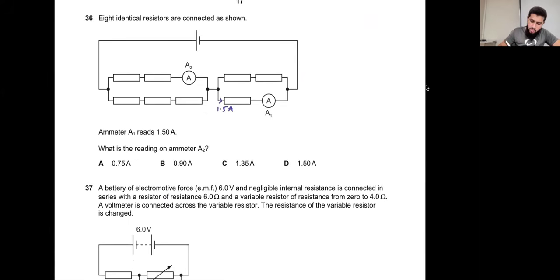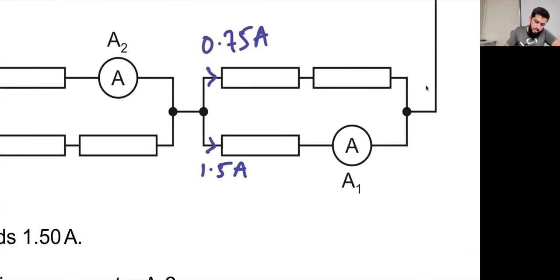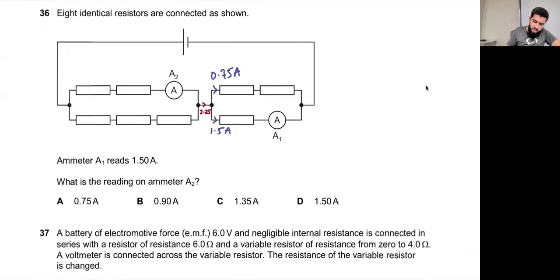Because the top branch has 2 times the resistance, the current will be half. So the current in this case will be 0.75 amperes. Which means the current here is 2.25.